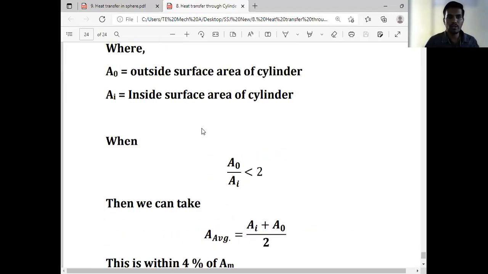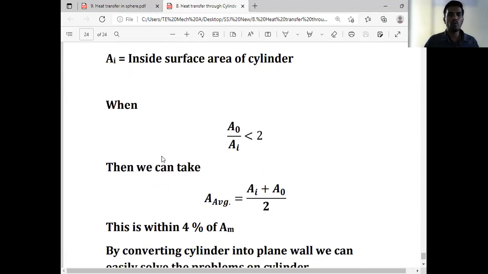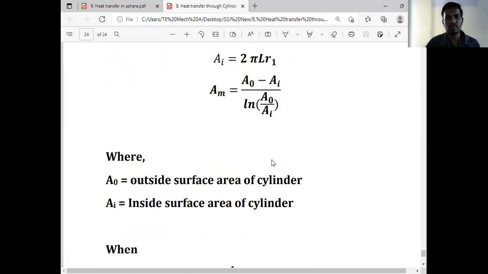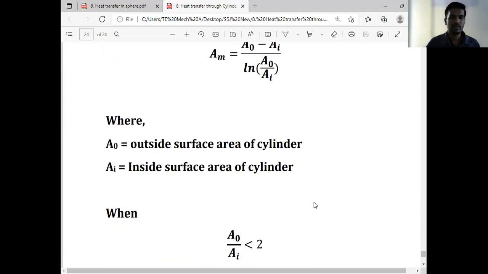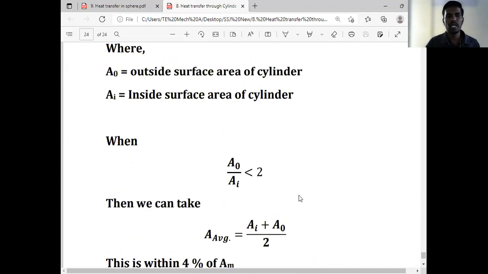ओके, सो ऑल ऑफ यू राइट डाउन these conditions when AO by AI is less than 2. हे वरचं लिहिले का सगळ्यांनी इक्वेशन? लिहिले? ओके, so then write down when AO by AI is less than 2, then we can take A average is equal to AI plus AO by 2. ओके, याच्यामुळे जास्त फरक पडत नाही, 4% चा फरक पडू शकतो, पण कॅल्क्युलेशन जे आहे ते सिंपल होत आहे. ओके, सो दॅट्स व्हाय वी हॅव टू टेक दिस.